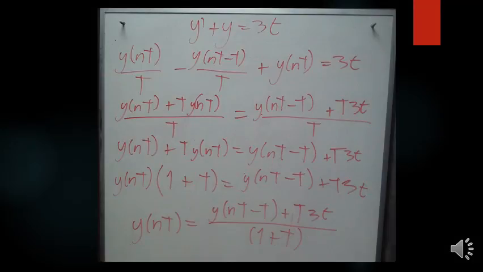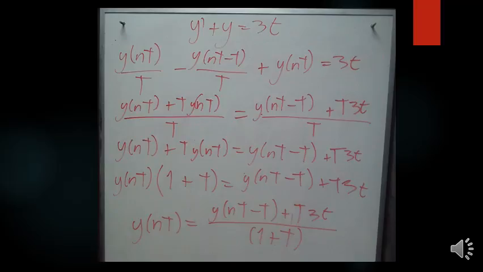So we have the same differential equation, y prime plus y equals 3t, but now we're going to use the Euler discretization method. So we have y(t) over t minus y(t minus t) over t plus y(t) equals 3t.